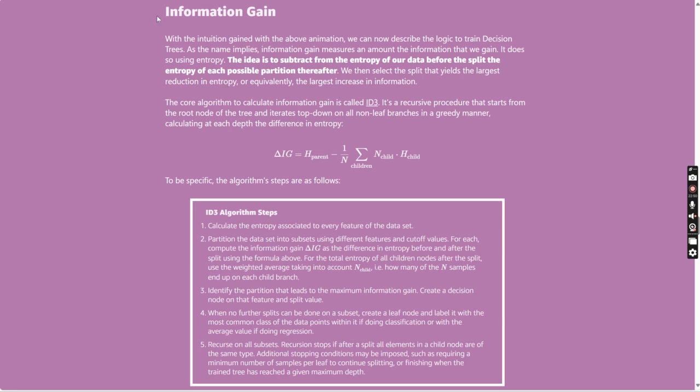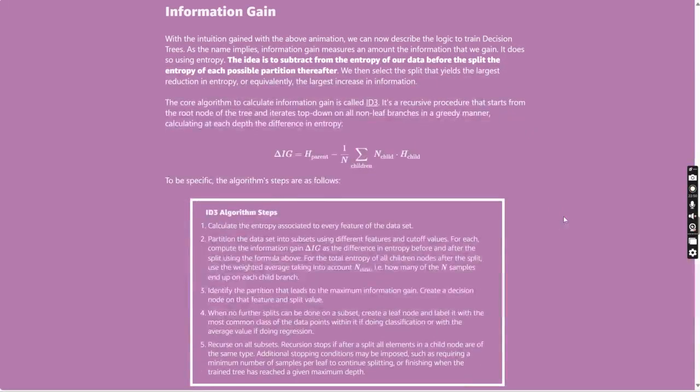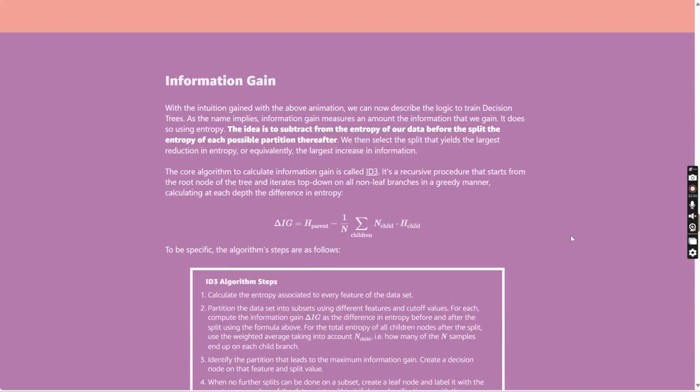Okay, the next concept you have to learn is information gain. In the above scenario, you saw how the entropy is calculated, right? Information gain is somewhat, not exactly, but somewhat opposite to entropy.